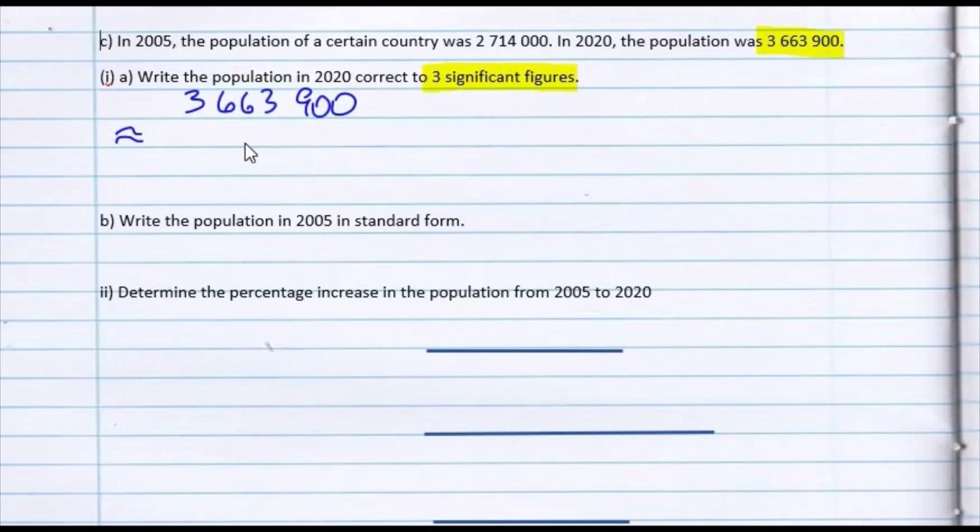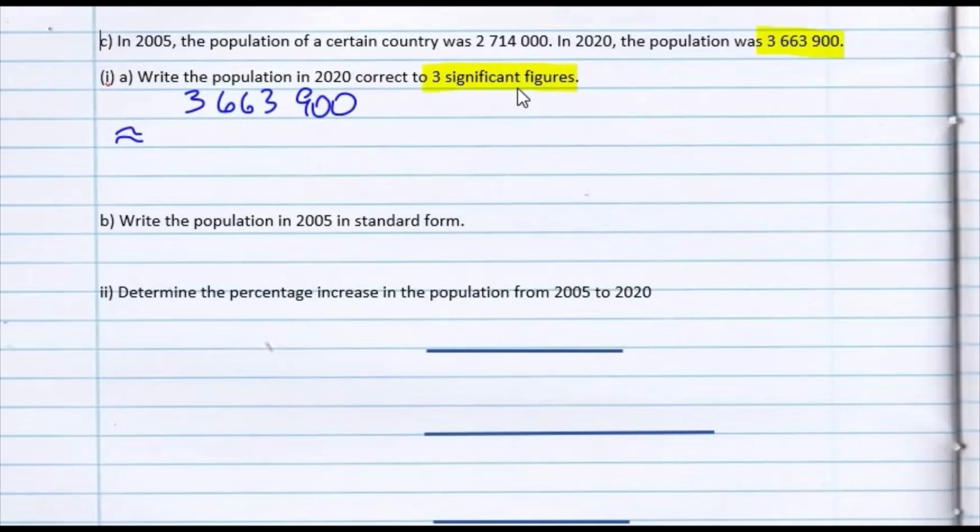Zeros in between significant figures or non-zero digits are also significant. So if we look at this number here, we have 1, 2, 3, 4, 5 significant figures because they are non-zero digits. These zeros at the end may or may not be significant, depending.